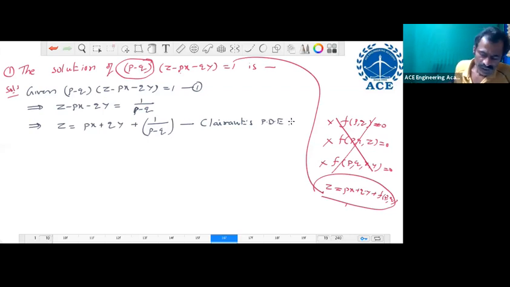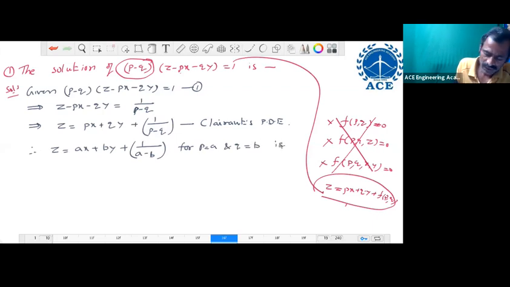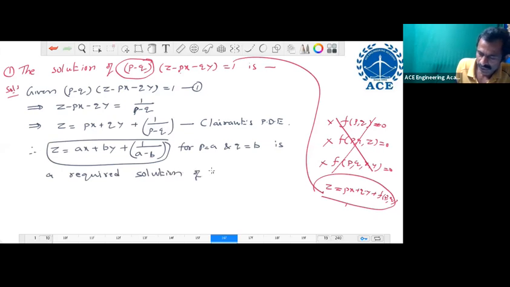Because of Clairaut's equation, we can write the solution. Therefore, z equal to ax plus by plus 1 by a minus b, for p equal to a and q equal to b, is a required solution of equation 1.